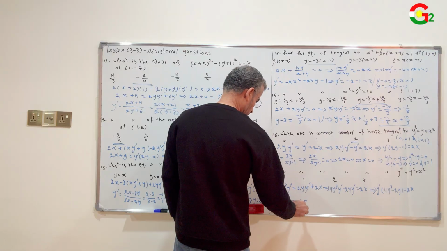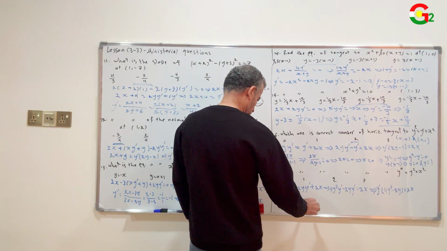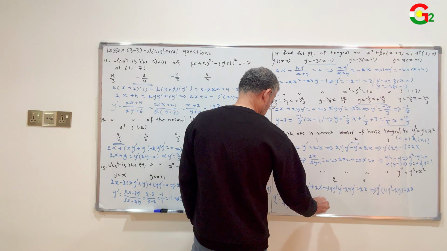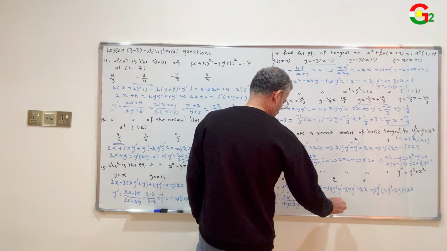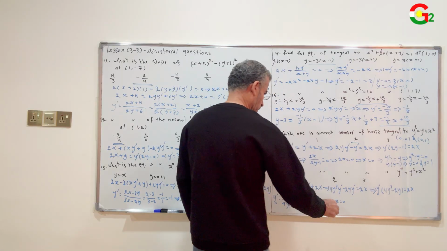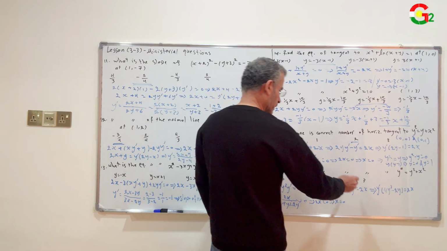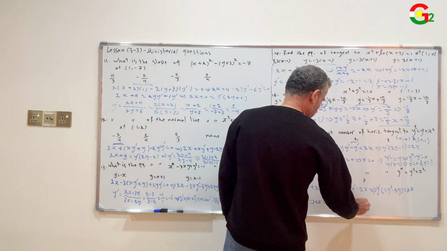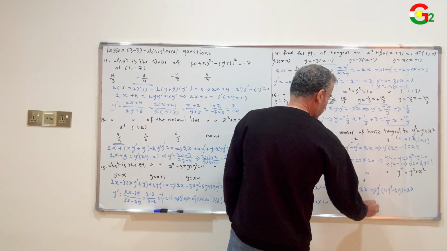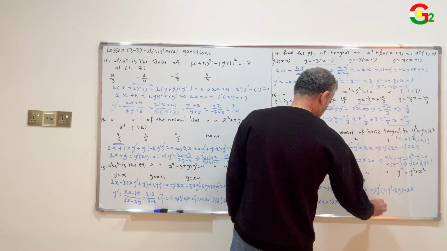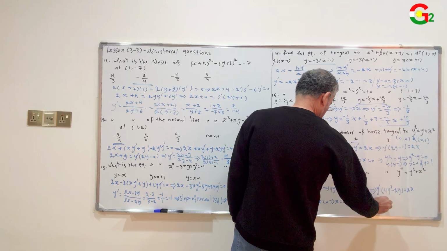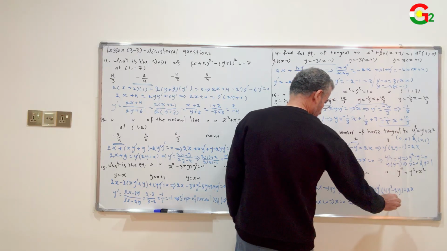Set it equal to 0. Cross multiplication, then 2x equals 0, then x equals 0. Substitute in the original equation to find the value of y. This gives you y power 4 equals y square. Then y power 4 minus y square equals 0.